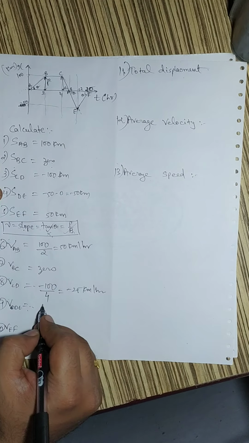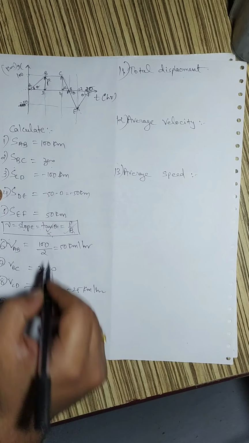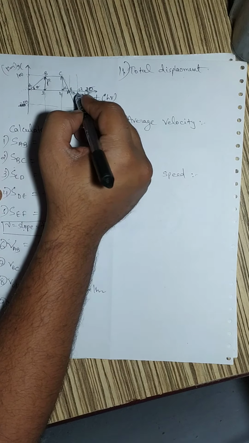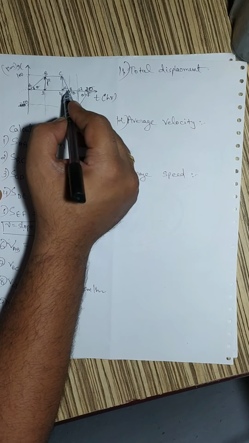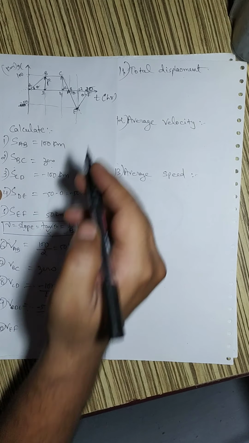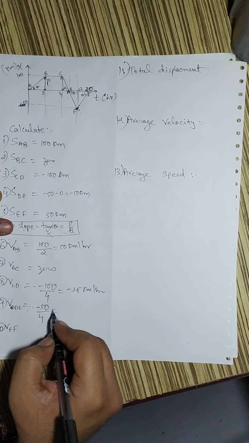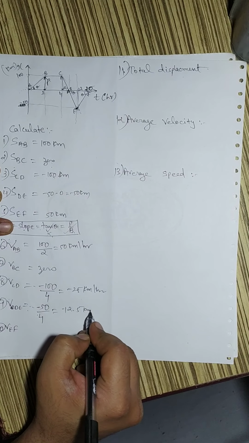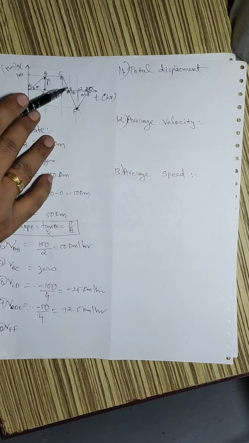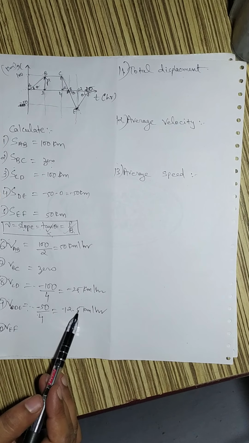So that is minus 50, and the time is 8 to 12. So 12 minus 8, 4 hours. So this one will give you minus 12.5 kilometers per hour. See, CD negative slope, negative velocity, DE negative slope, negative velocity.